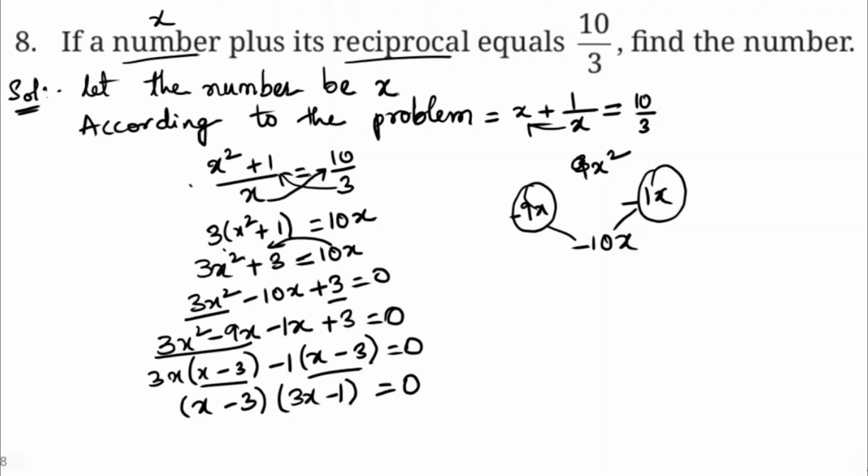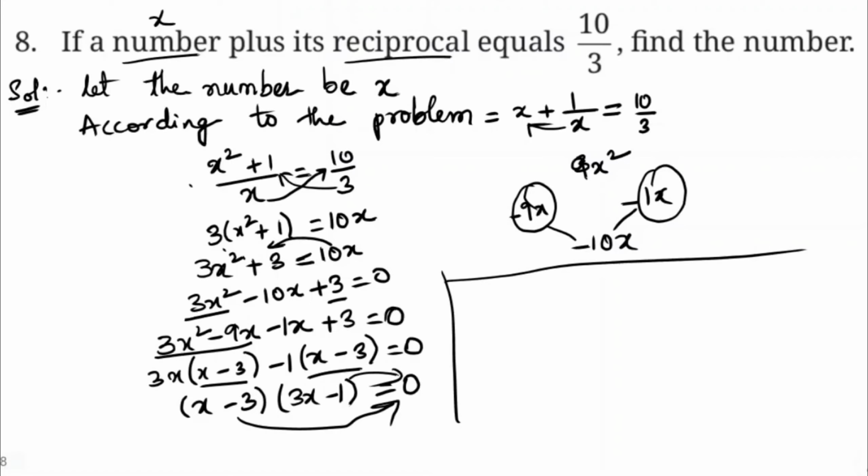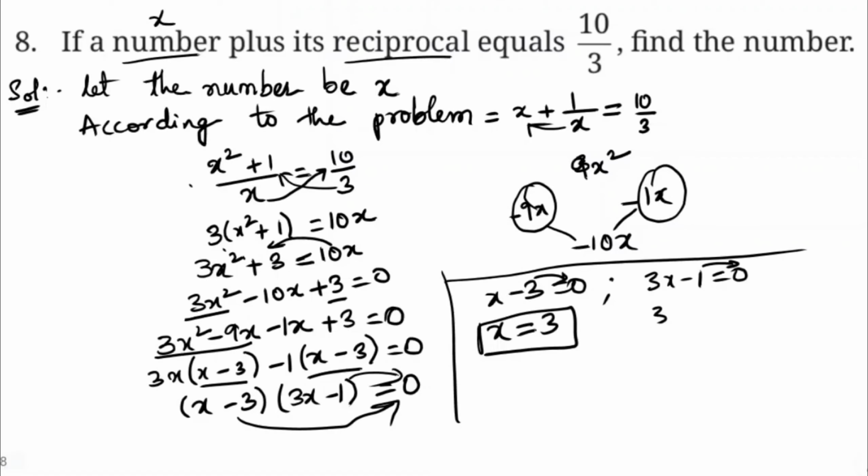Minus 3 goes to the other side and becomes positive, so x is equal to 3. And 3x minus 1 is equal to 0. Minus 1 goes there and becomes positive, so 3x is equal to 1, 3 goes down, x is equal to 1 by 3.